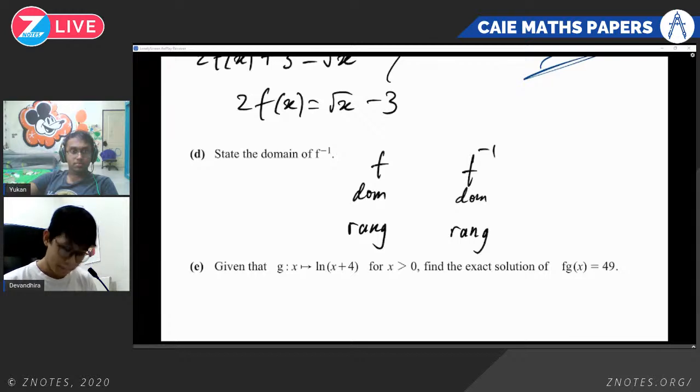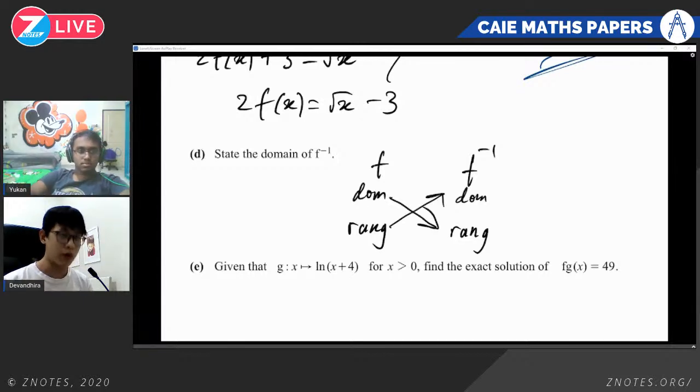If you invert functions, the f inverse range will be the previous f's domain. So you can see that they switch roles. What was the domain before becomes the range, and what was the range before becomes the domain.